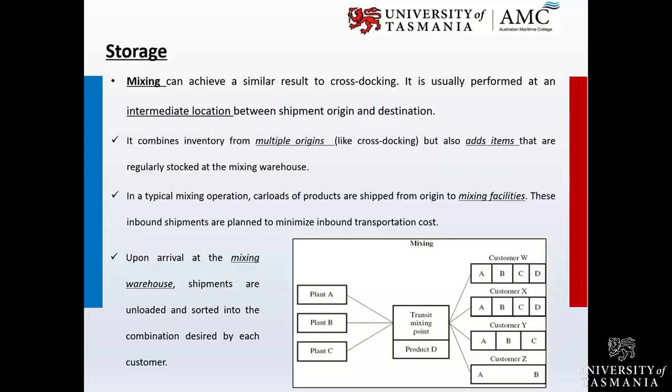The second function is mixing. Mixing is similar to cross-docking, but there is one important difference. We look at this figure. Mixing can happen at a mixing point.